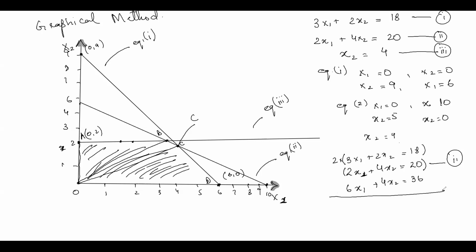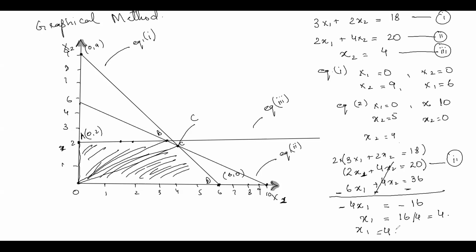Now we can take a subtraction of these two equations, and the x2 term would be totally crossed out, and this would be minus 4x1 equals minus 16. And this will yield x1 equals 16 over 4, which equals 4. So x1 comes out to be 4.